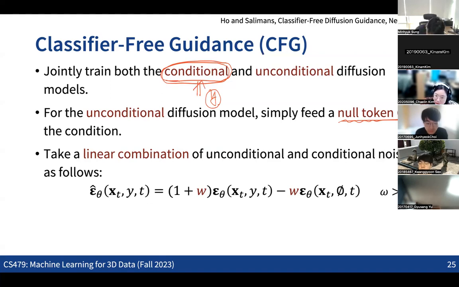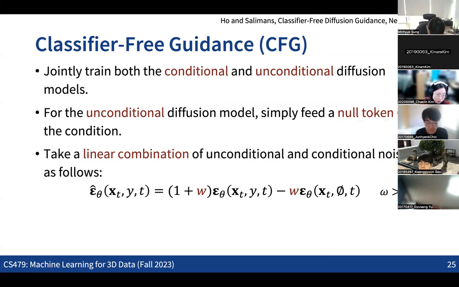Then we have one more extra, special class label, which indicates that this is the unconditional case. So this is an engineering way of jointly training both the conditional and the unconditional models.